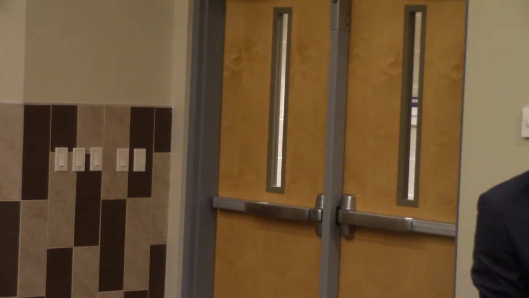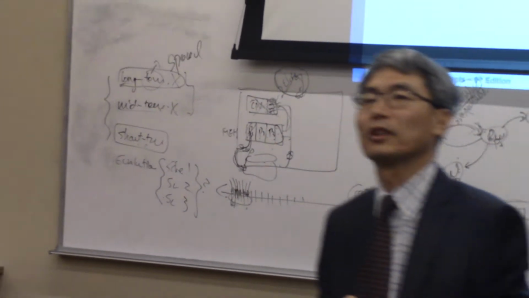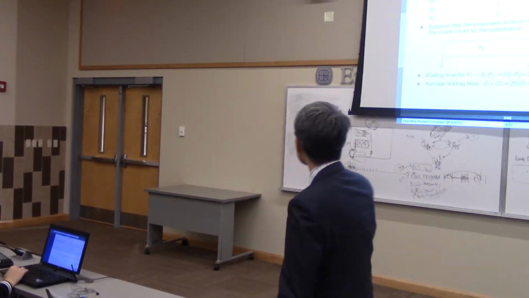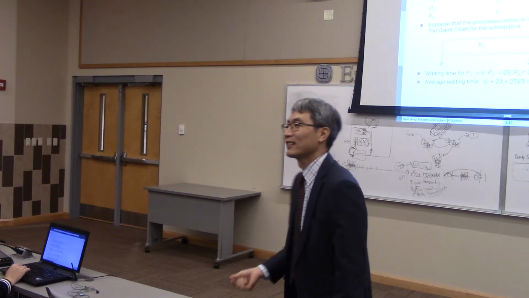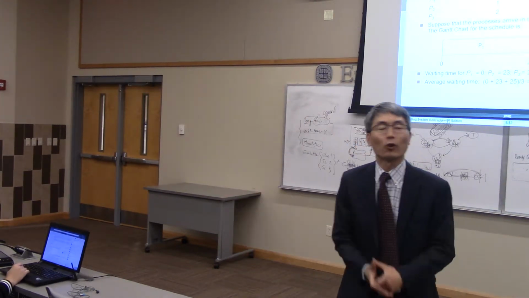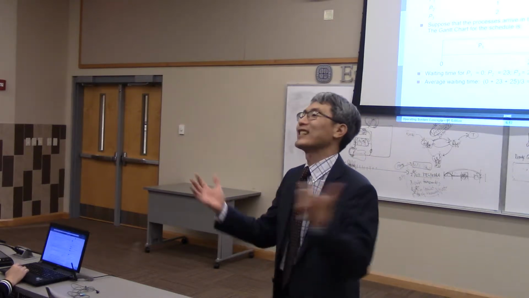Problem? Average waiting time is higher, and there is process starvation. As you can see, the process 2. Let's suppose that P1 is student 1, P2 is student 2, and so on. And it's advising. So P2, P3 need a signature. But the first student needs a lot of time for discussion on the thesis.